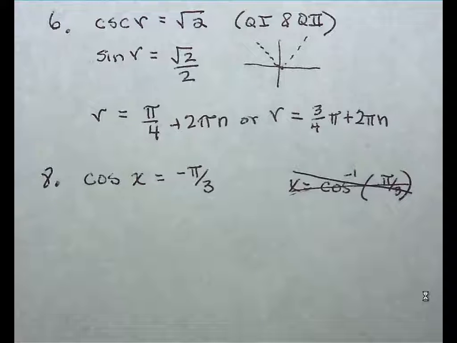What is that? Negative pi divided by 3. All right, about negative 1.05. The angle whose cosine is negative 1.05. What's wrong with that?